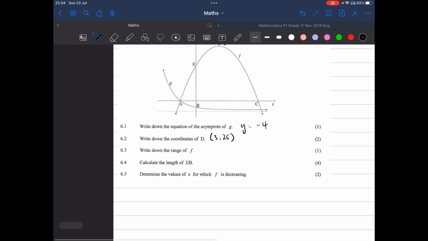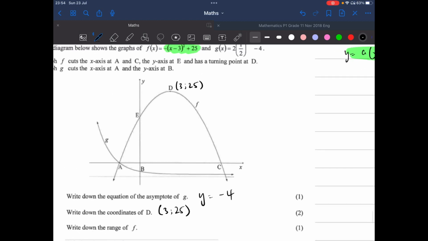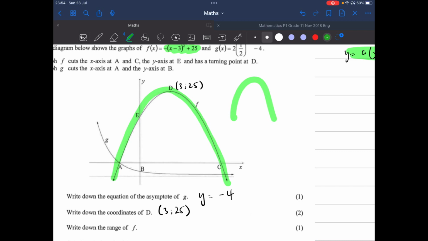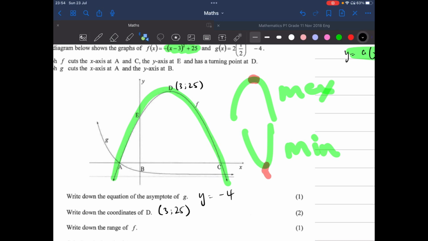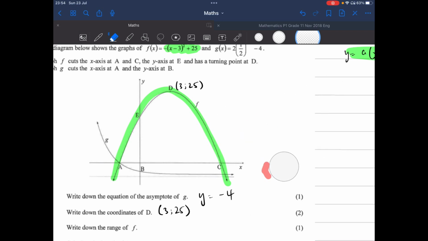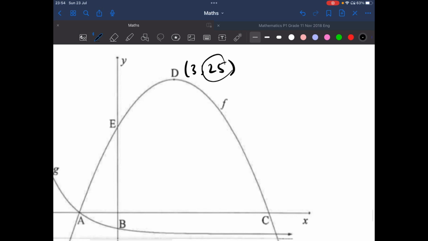Write down the range of f. Okay, what is a range? Range is our y values. So if you look at f, it has a maximum point, right? Concave down parabolas have maximum points, whereas concave up parabolas have minimum points. There's our max, there's our min, and it's the turning point of the graph. Our maximum point is 25.